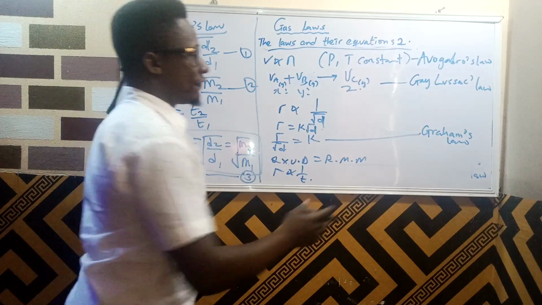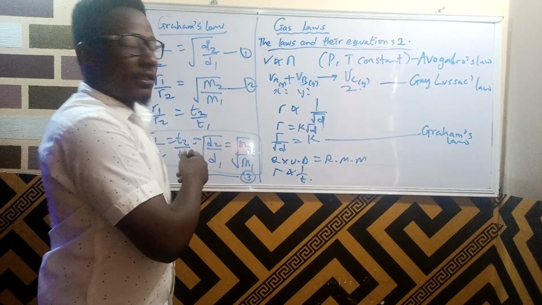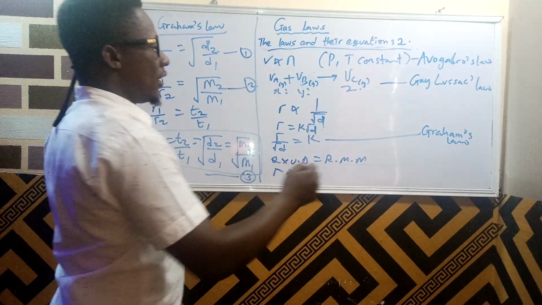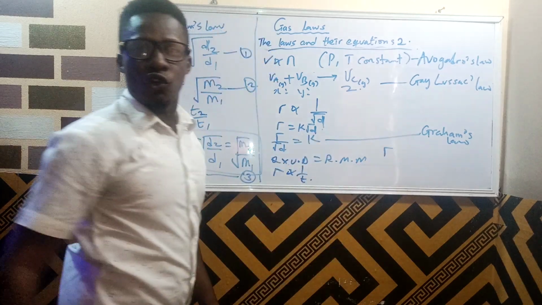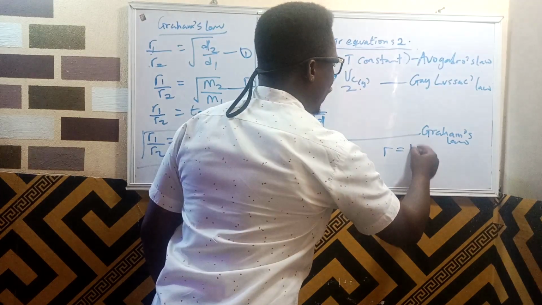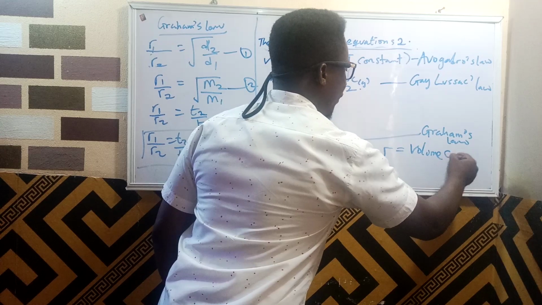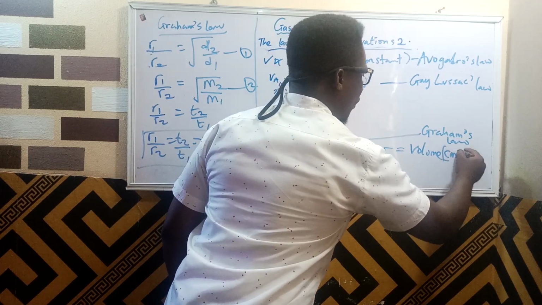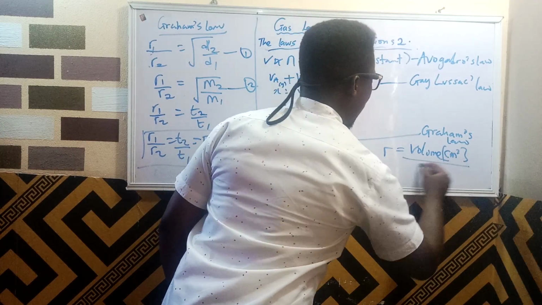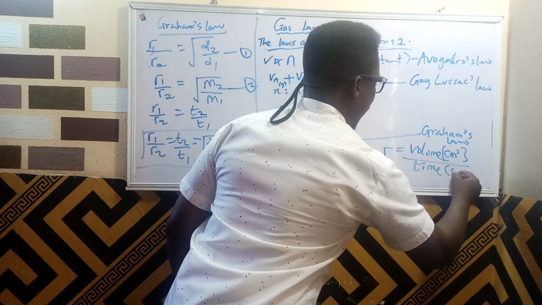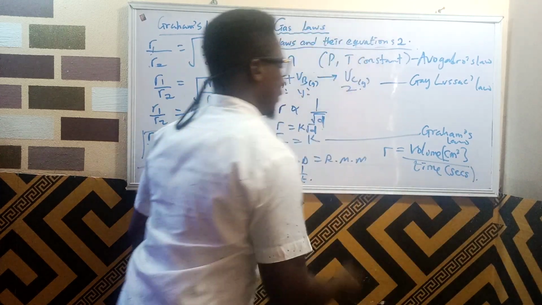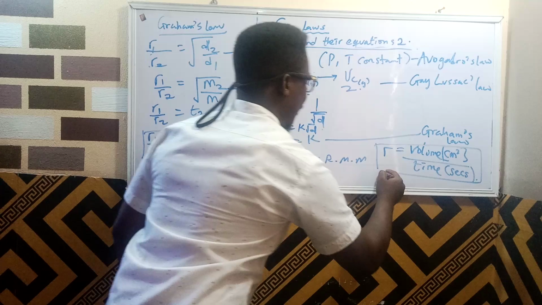The final equation under Graham's law is that your rate of diffusion R is equal to volume in centimeter cube over time in seconds.